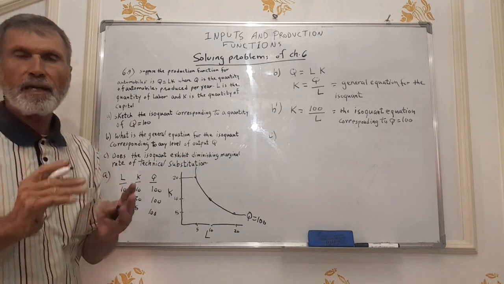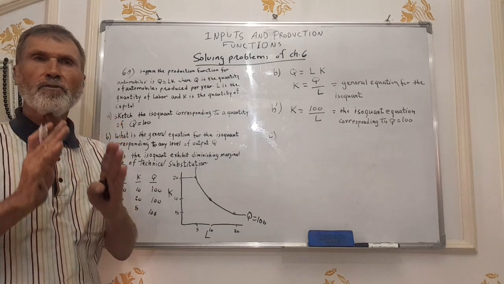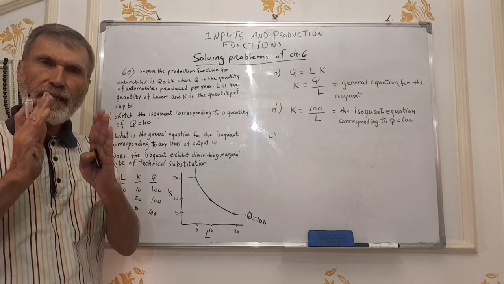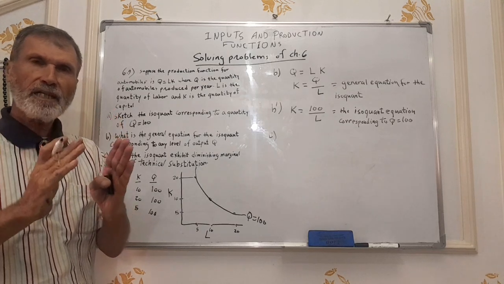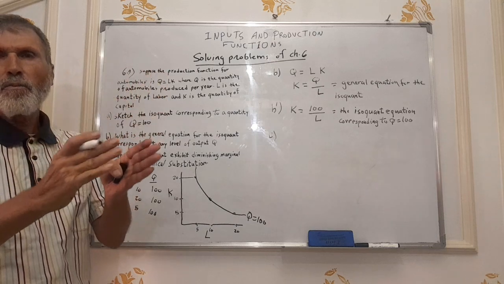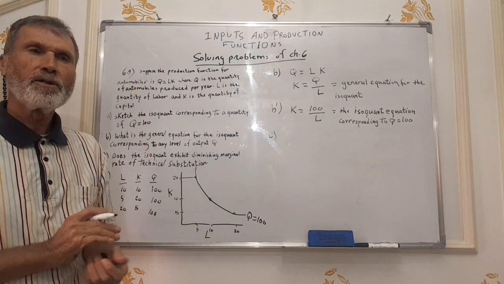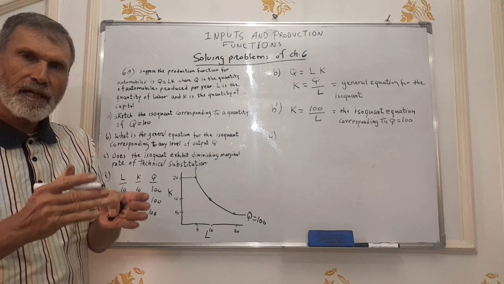Part C is asking, does the isoquant exhibit diminishing marginal rate of technical substitution? Remember, we defined the marginal rate of technical substitution as the negative of the slope of the isoquant at each value.